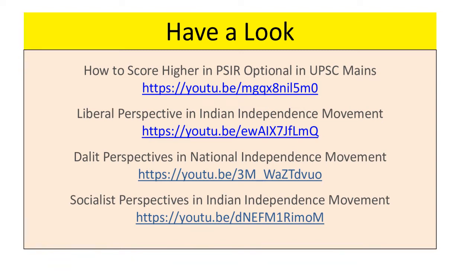So all the topics within this chapter are a possibility, but definitely Gandhi's non-cooperation and civil disobedience remain very important. And then all the perspectives. Last year I think one perspective, the social perspective, came.